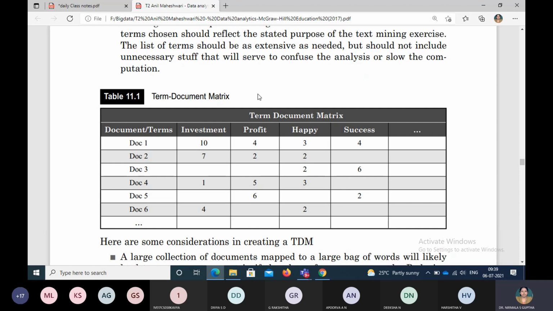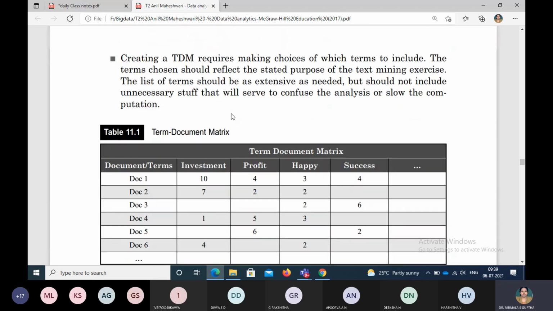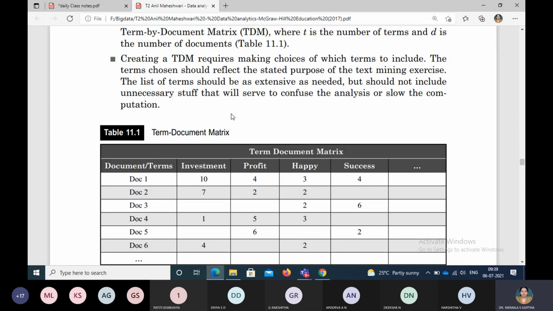So we cannot put everything into the term document matrix. This table depicts the term document matrix, and here are some considerations when creating it.